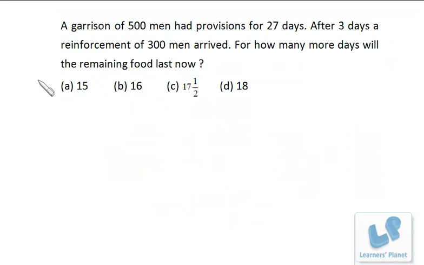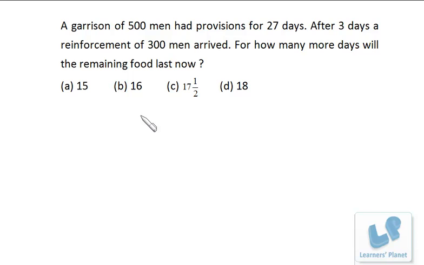Now in this problem, a garrison of 500 men had provision for 27 days. After 3 days, a reinforcement of 300 men arrived. Okay, that means initially the food was sufficient for 500 men for 27 days. Now these 500 people must be taking food for 3 days.